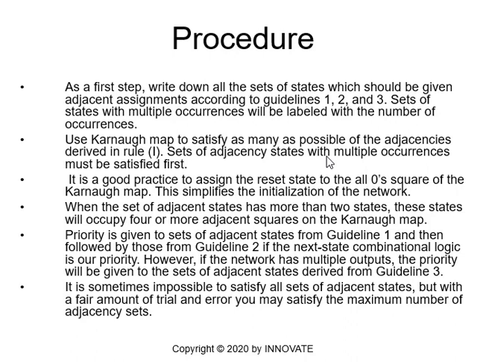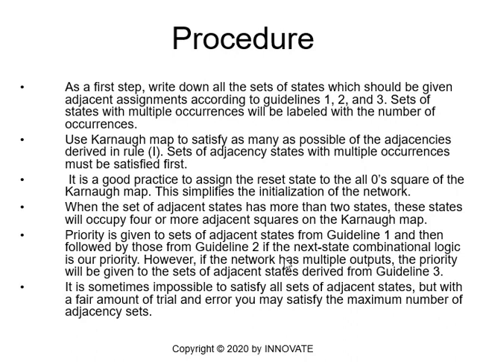It is good practice to assign the reset state to the all-zeros square of the K-map. This simplifies the initialization of the network. When a set of adjacent states has more than 2 states, these states will occupy 4 or more adjacent squares on the K-map. Priority is given to sets of adjacent states of guideline 1, followed by those of guideline 2, if the next state combinational logic is our priority.